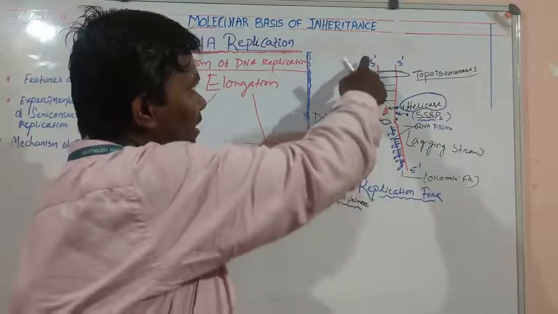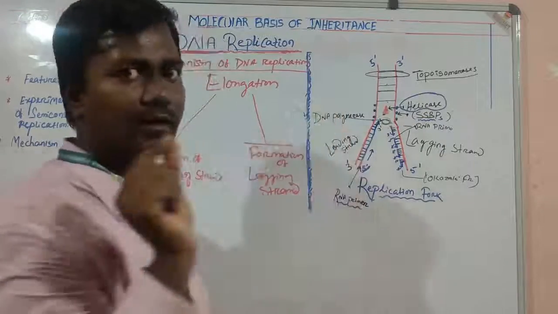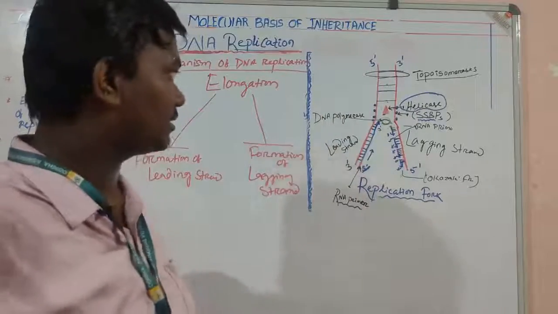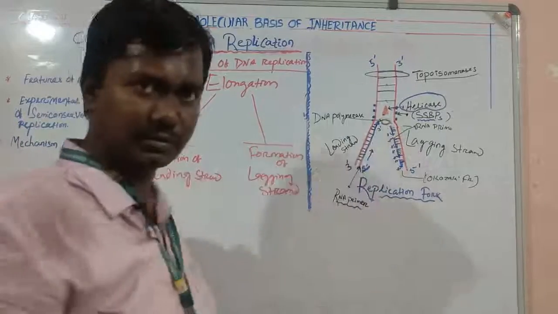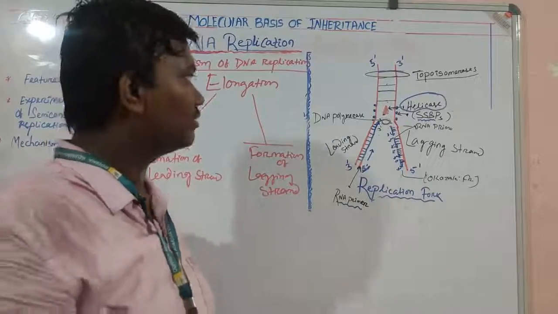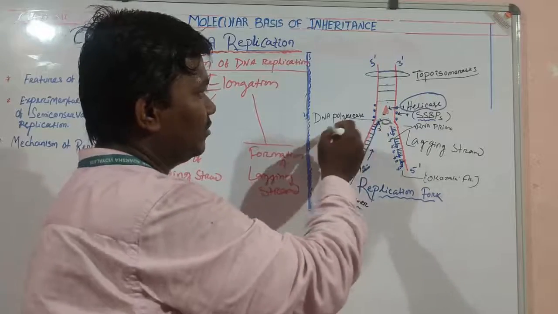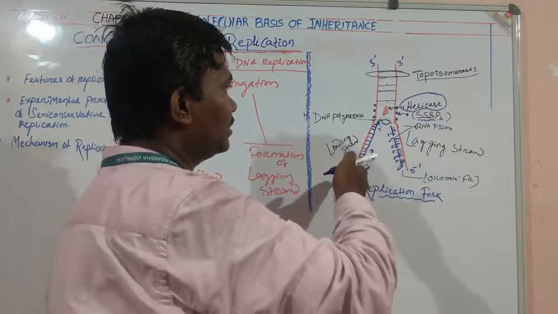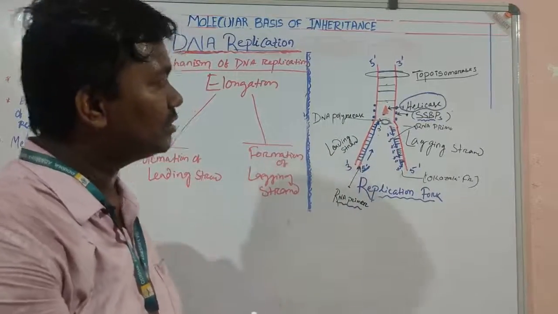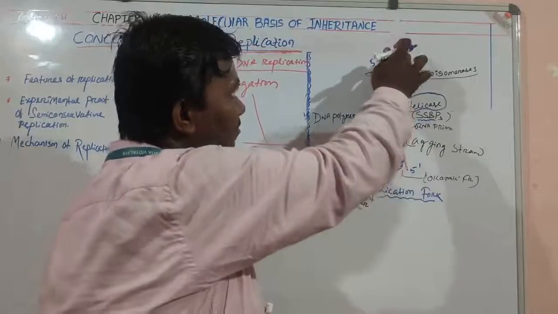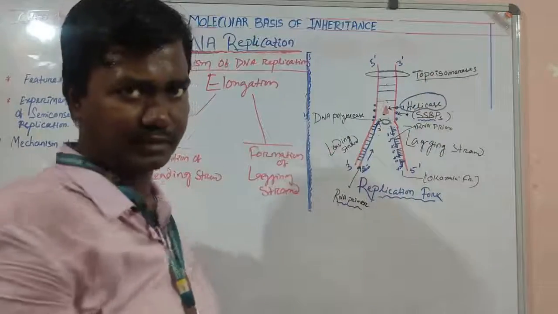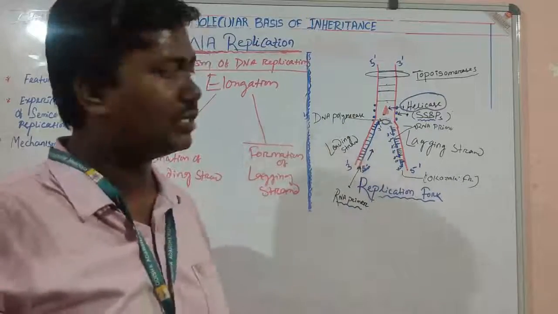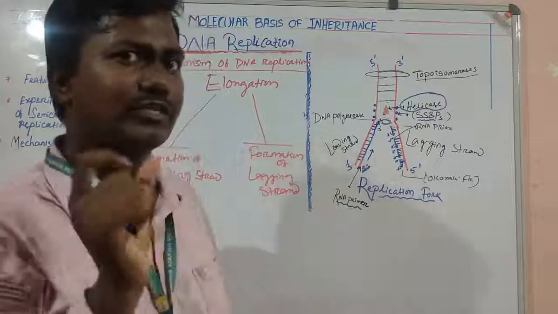On the 3' to 5' template, it is continuous in nature. Okay, so this is known as the leading strand. The action of DNA polymerase is continuous, but on the 5' to 3' template strand, the action of DNA polymerase is not continuous due to exposure of small stretches.